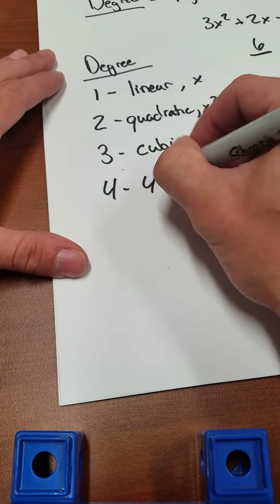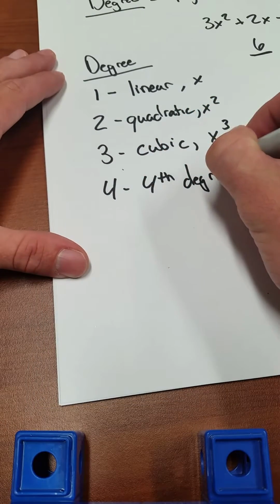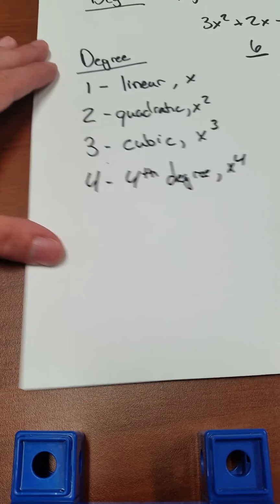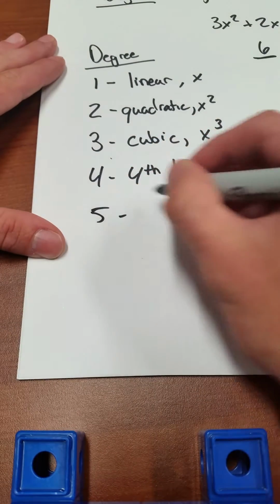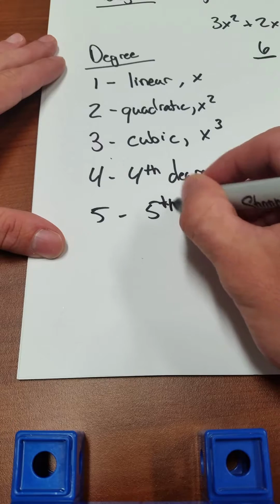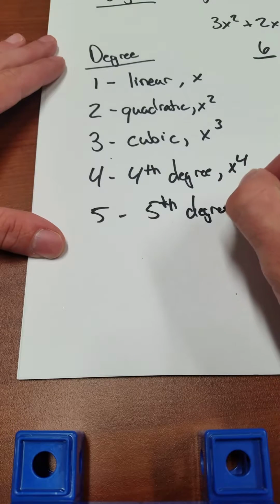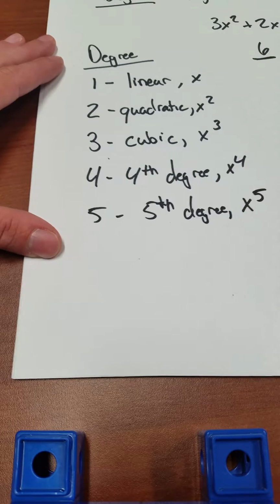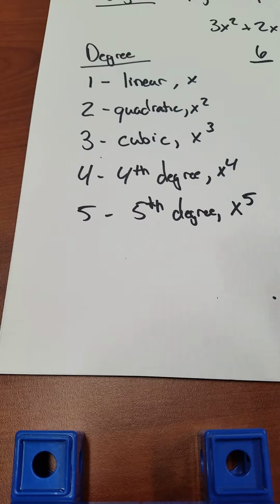So this is a 4th degree, and that would be x to the 4th, and then 5, 5th degree, and that's x to the 5th, and you get the pattern. 6th degree, 10th degree, 11th degree. No special names for those. There are special names, but I'm not going to make you memorize those. What you need to know is linear, quadratic, cubic, and then start naming them based on that.